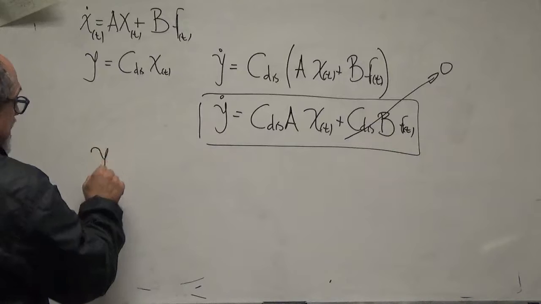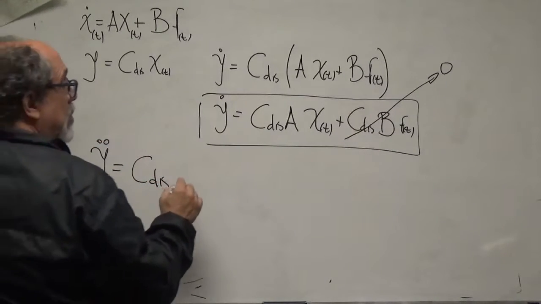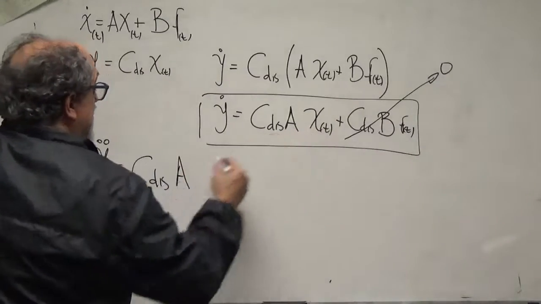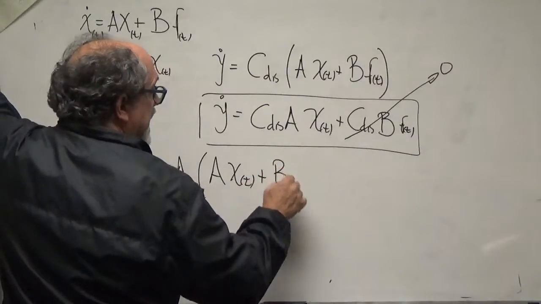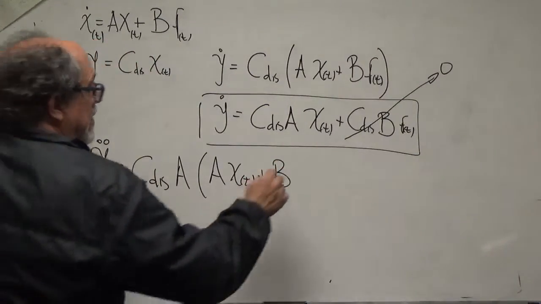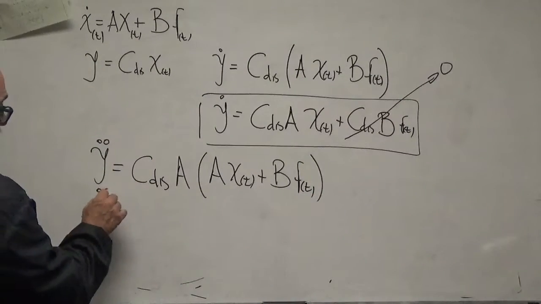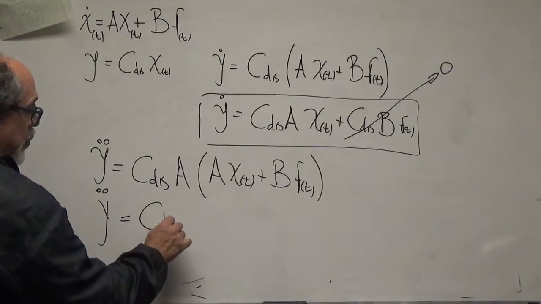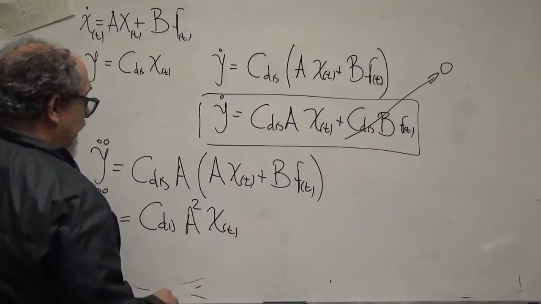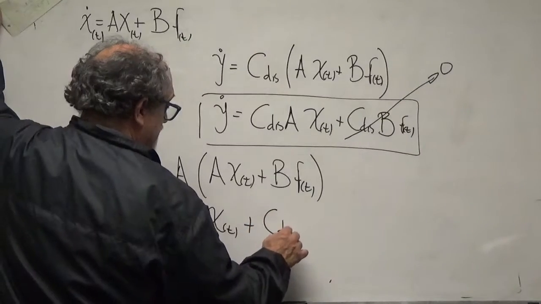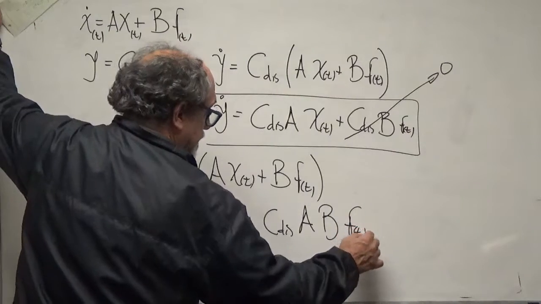If we take another derivative, two derivatives of y would be C displacements times A times x dot, which is Ax(t) plus Bf(t), right? Therefore, we have that y double dot, if we were measuring accelerations, would be C displacement A squared x(t) plus C displacements A B f(t), right?